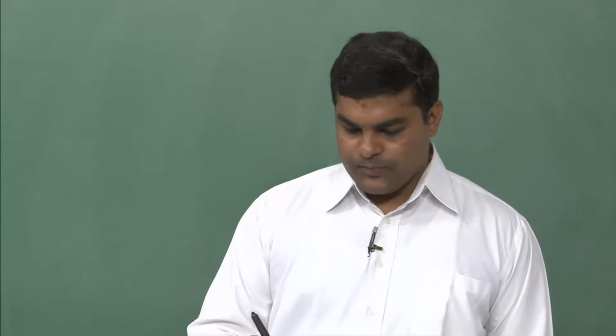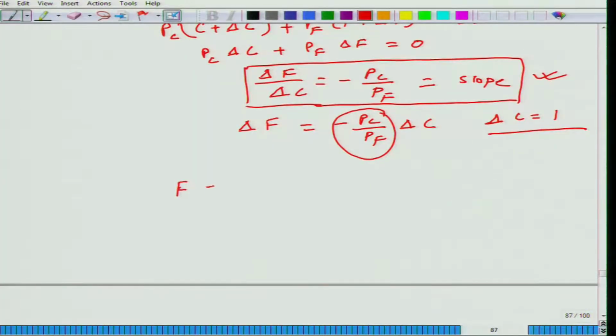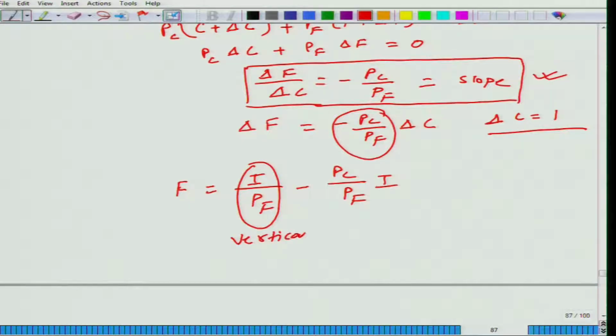Now, we have seen the effect of change in price. Let me write it again here. F is equal to I by P F minus P C by P F multiplied by C. And if the price of fish changes, what happens? This is the vertical intercept, and this is the slope.